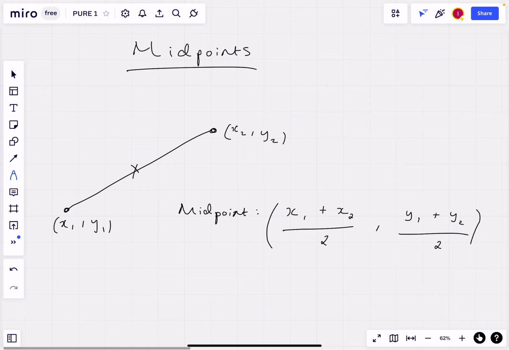The application of this is predominantly with circles. So let's say you have a circle and you've been given two coordinates which tell you either side of the diameter. When you work out the midpoint, what you've essentially worked out is the center of that circle. That's why midpoints is important.